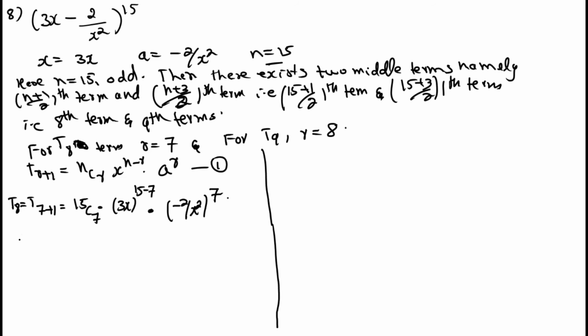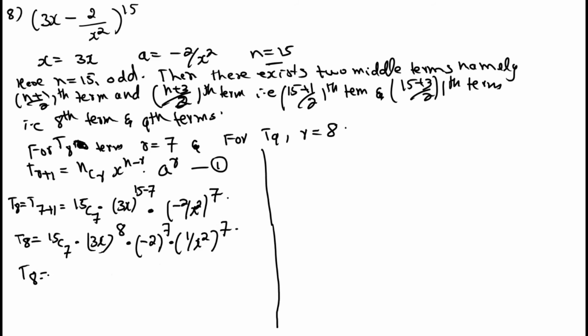Okay. In the next step, T8 equals 15C7 into 3x to the power 15 minus 7, which is 8, into minus 2 to the power 7 into (1 by x square) to the power 7. So T8 is equal to 15C7 into 3 to the power 8 into x to the power 8, splitting minus 2 to the power 7 into minus 1 to the power 7 into 2 to the power 7. (ab)^n is a^n into b^n.